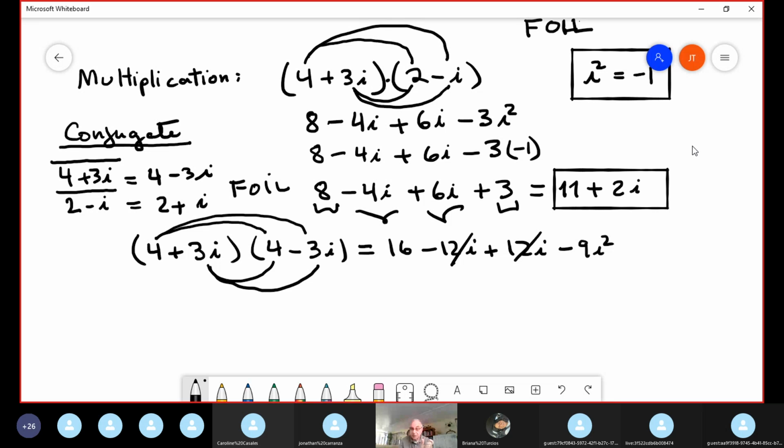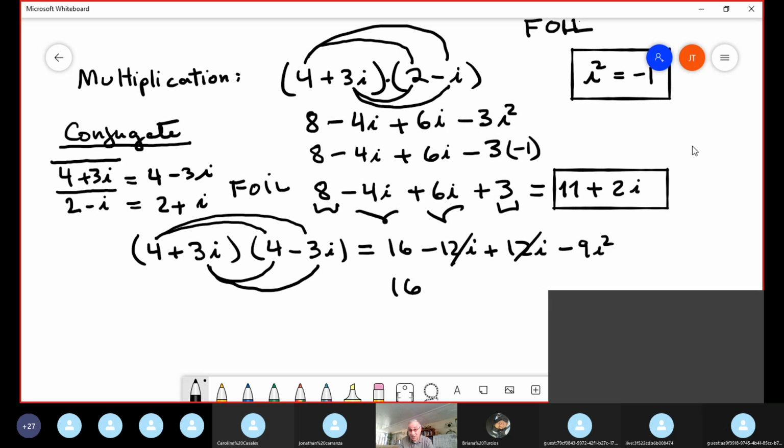Important conclusion. When you multiply any complex number times its conjugate, the answer you get is always real. No i anymore. This happens here in this particular example, and it happens always when you multiply this special product. So we have 16, which is real, and this is also real, because remember again, i squared is negative 1, and negative and negative become positive.